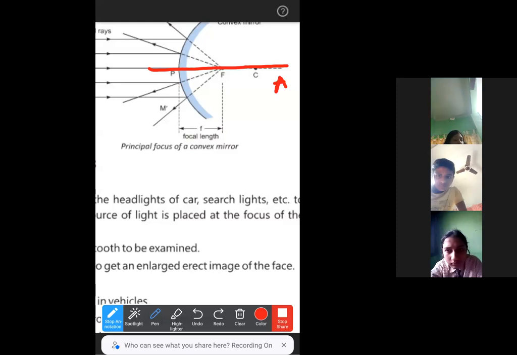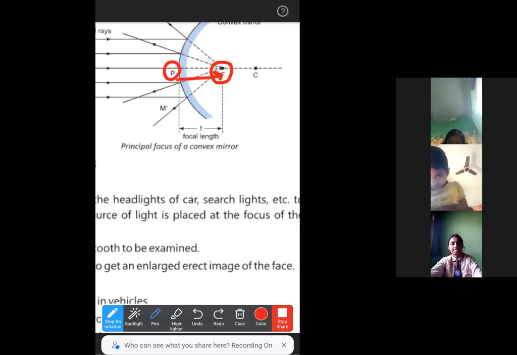It is denoted by A. The point at which all the light rays come and meet together is known as the focus. We denote it with F. The distance between F, that is the focus, and P, that is the pole, is known as the focal length. We denote it with small f.